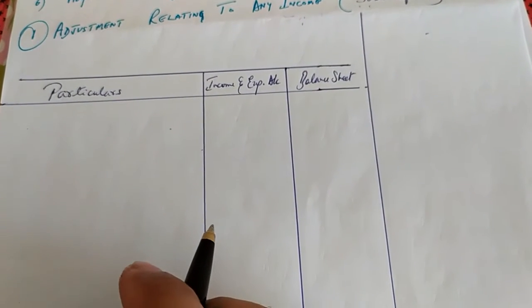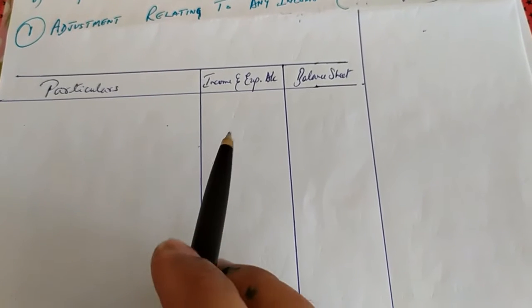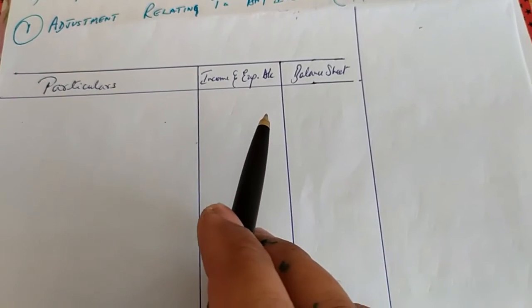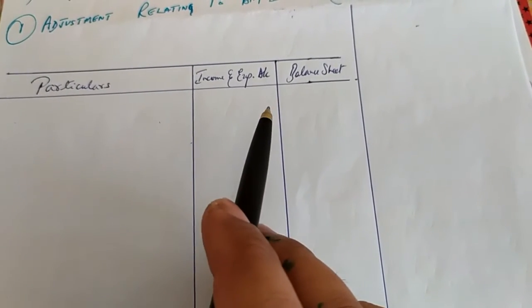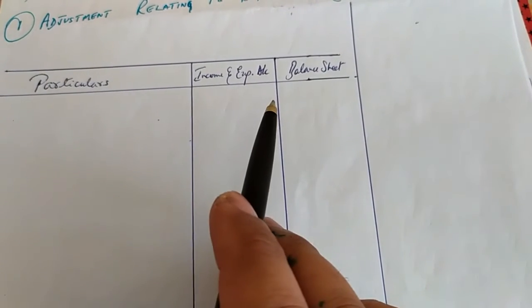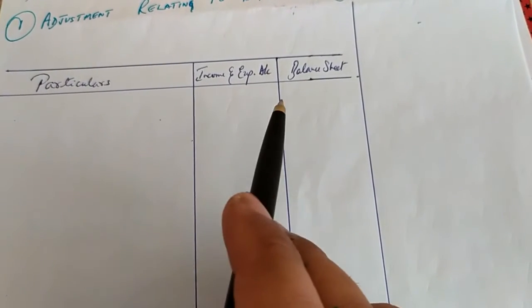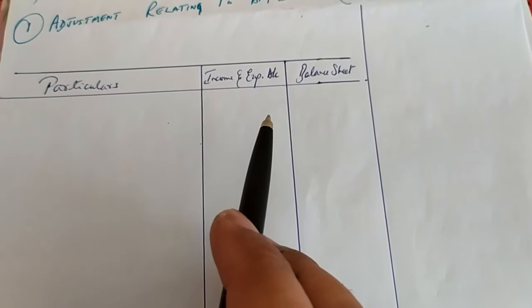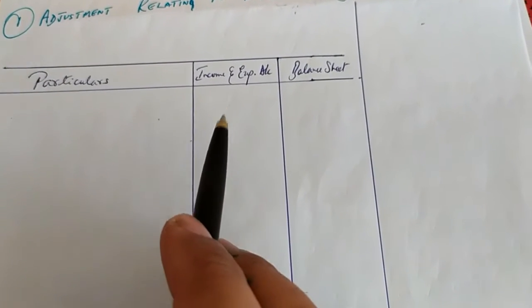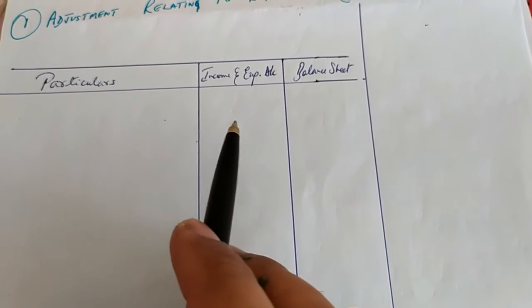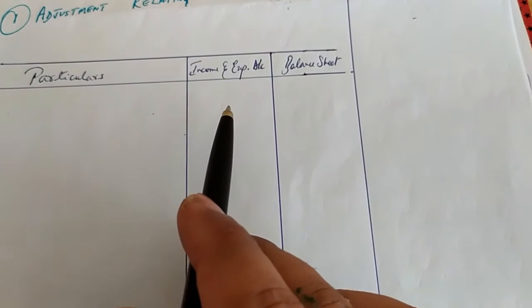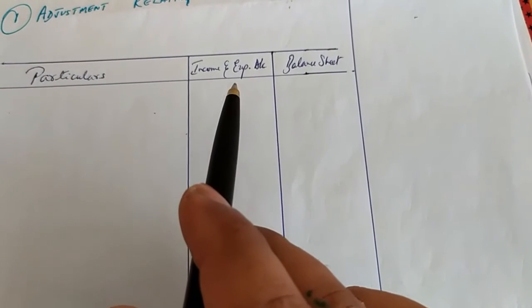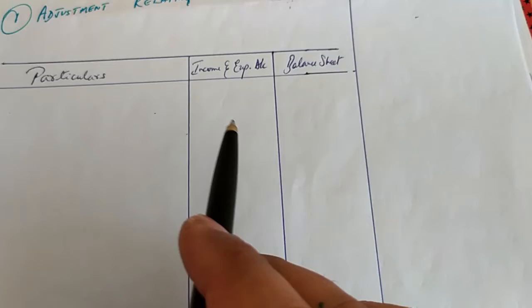So here you must always remember that whenever we are preparing an income and expenditure account, we have to consider the income or expenditure which belongs to the current accounting period, that is, the accounting year for which we are preparing the account. So we must come to the amount which is exactly relating to the current period.